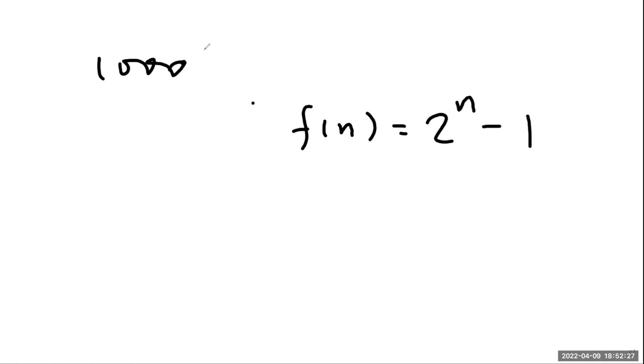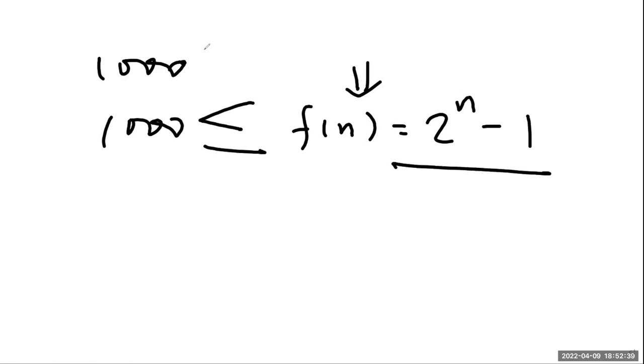So 1,000 elements. How many searches are needed? That actually means that f of n equals 2 to the power n minus 1 must be greater than or equal to 1,000, right? The number of elements you can cover by the number of searches you have must be greater than this.